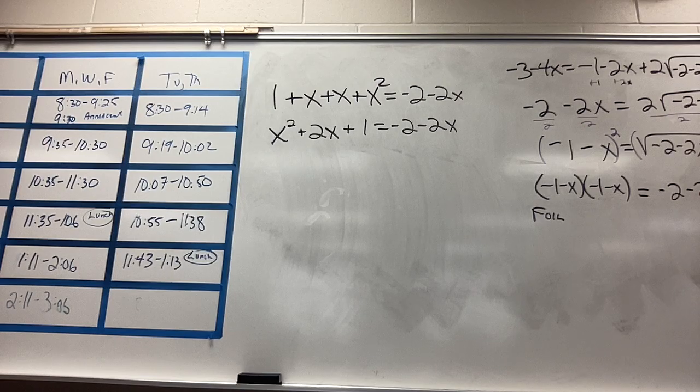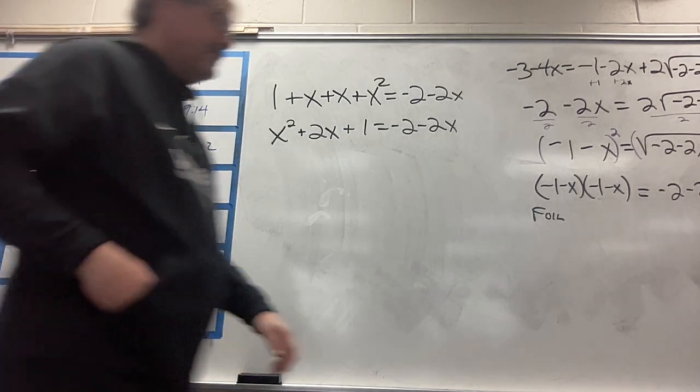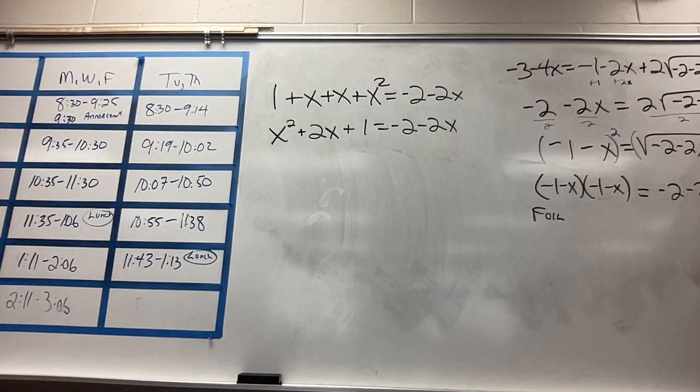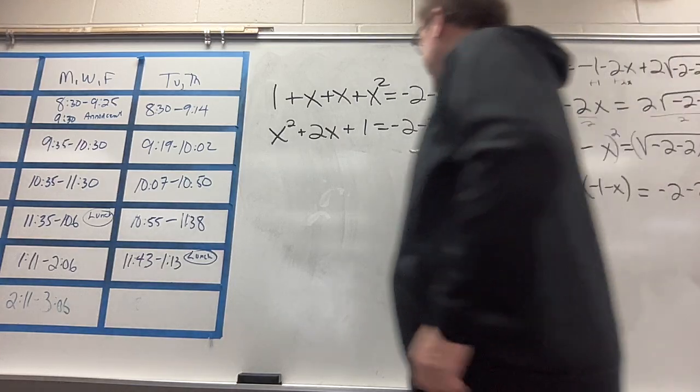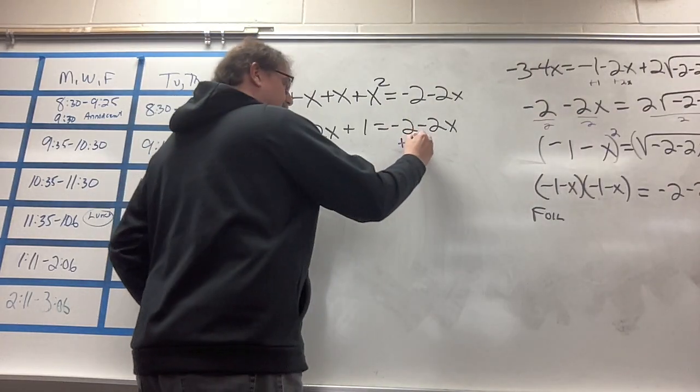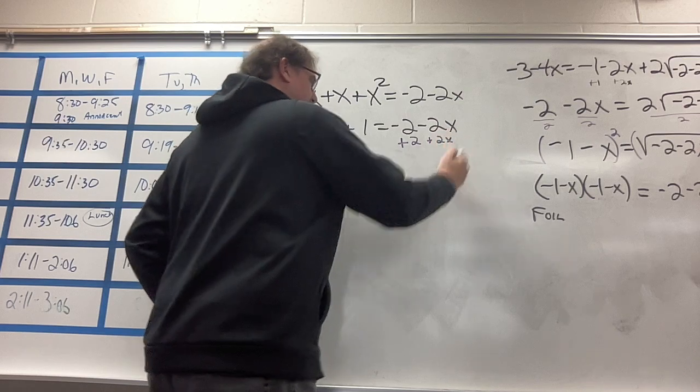X squareds, you want to have them say equal 0. Add 2 to both sides, add 2x to both sides.